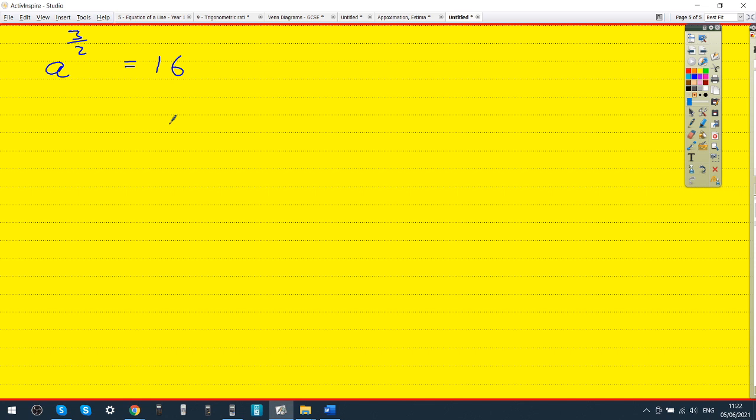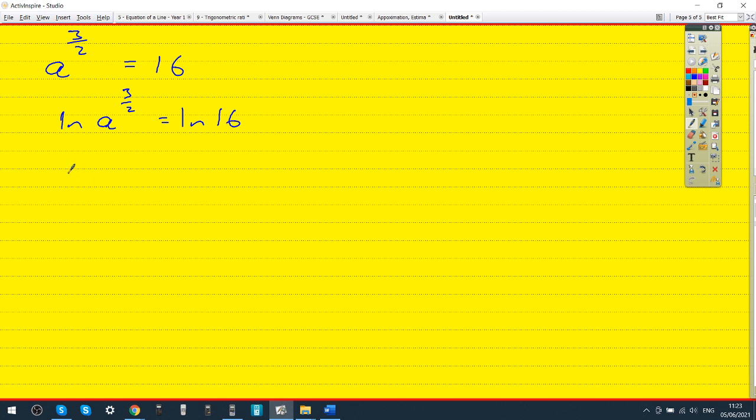And then when you want to use ln, or could you just root by 3 over 2? Let's go with logs. So ln is specifically for e, so let's just go with log. Okay, you know what? Let's go with ln. ln a to the 3/2 equals ln 16.